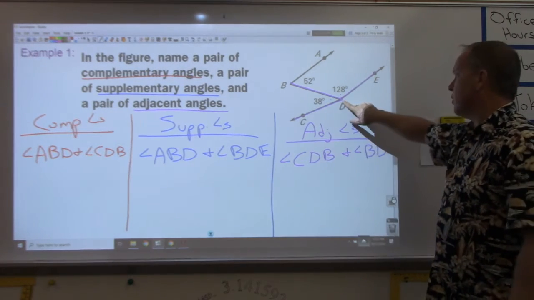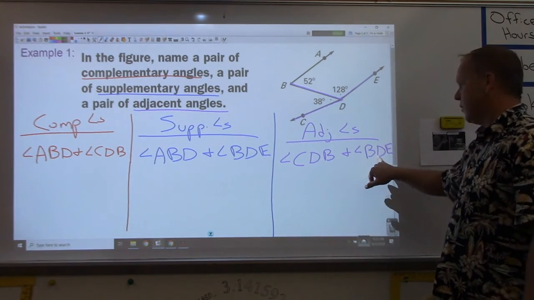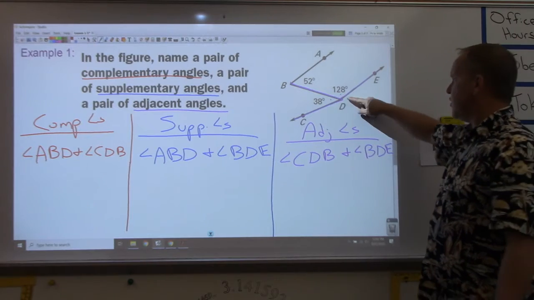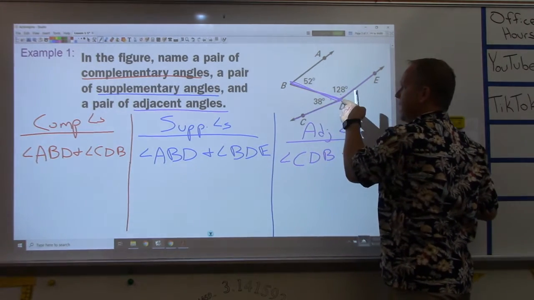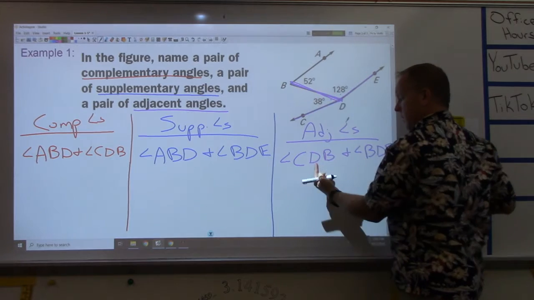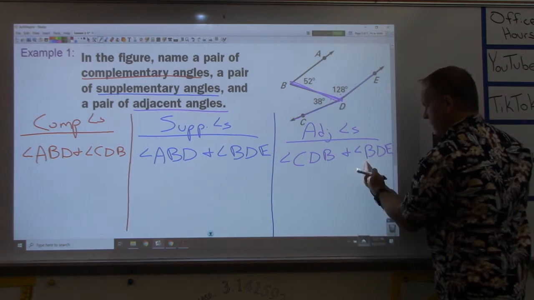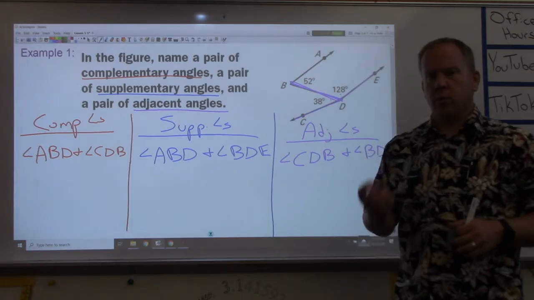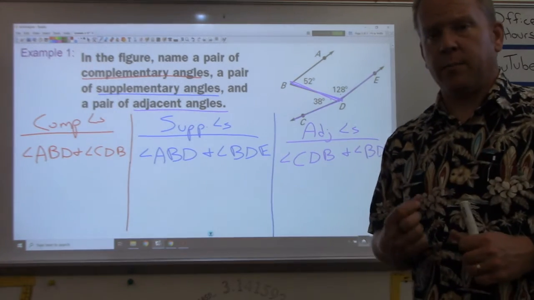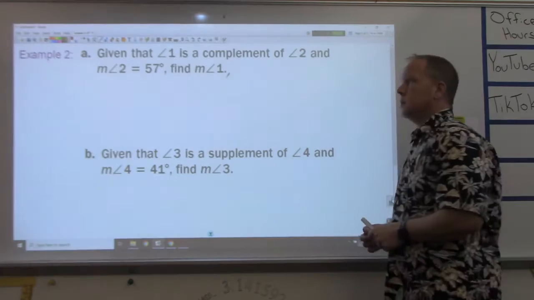Adjacent angles share a vertex. The vertex is the middle letter, so that should be the same. Also, since they share a side, look at this side they share right here. That is side DB. So they should have two letters that are the same in their name as well, with the middle letter being exactly the same, because that is the vertex.